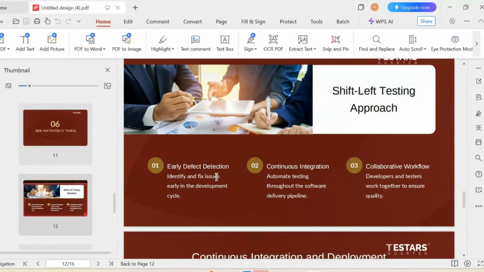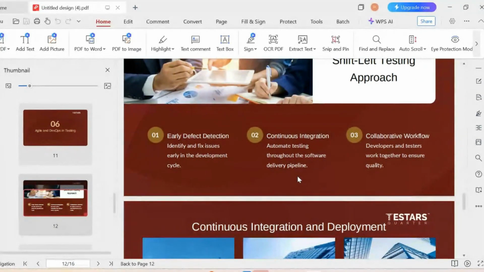identify and fix issues during the development phase, like I said, and you need to integrate automation, and also you need to collaborate with developers, ensure that what you have reported is being fixed, and ensure that you run regression testing.